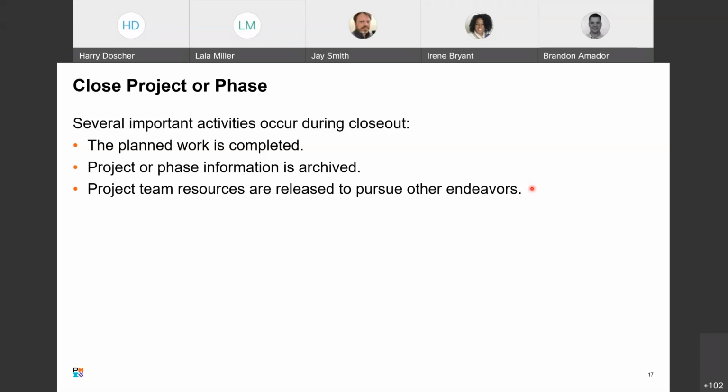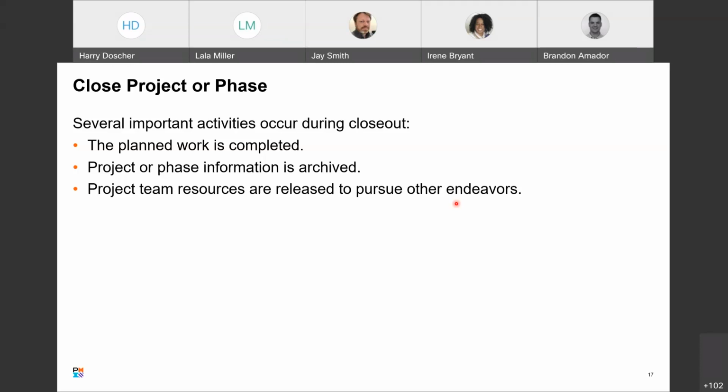Then you need to reestablish a team with people who can work synergistically. But for the most part, the way we've been doing things for the last 20 years or so is to release the people, and any of the lab equipment, things like that, whenever the project or phase where they're no longer needed is completed.